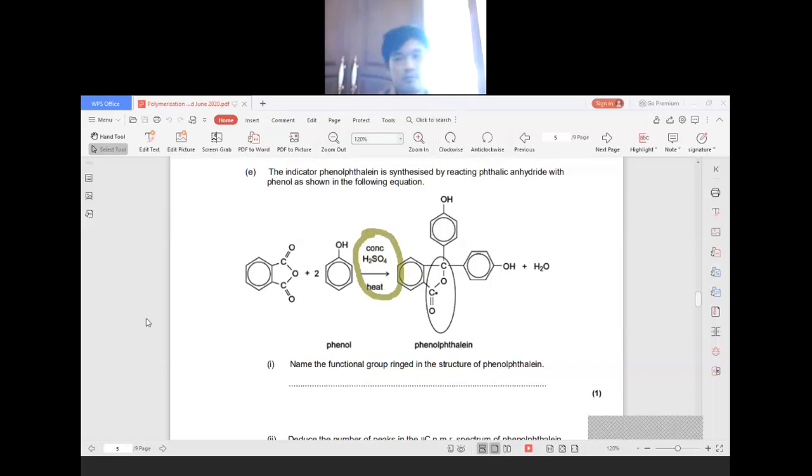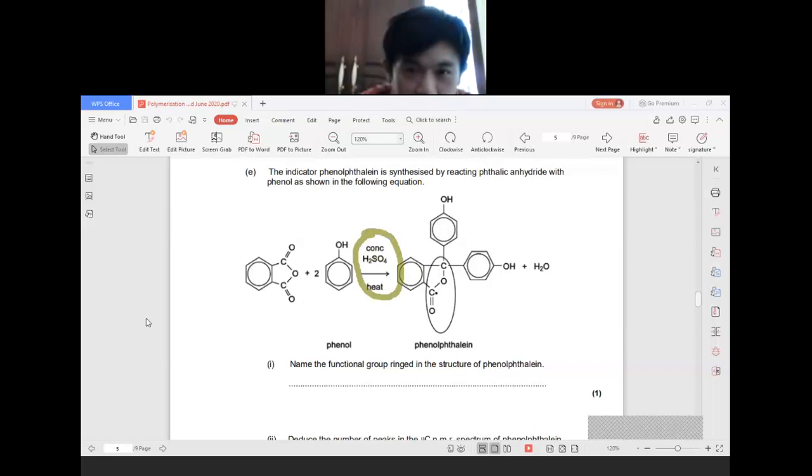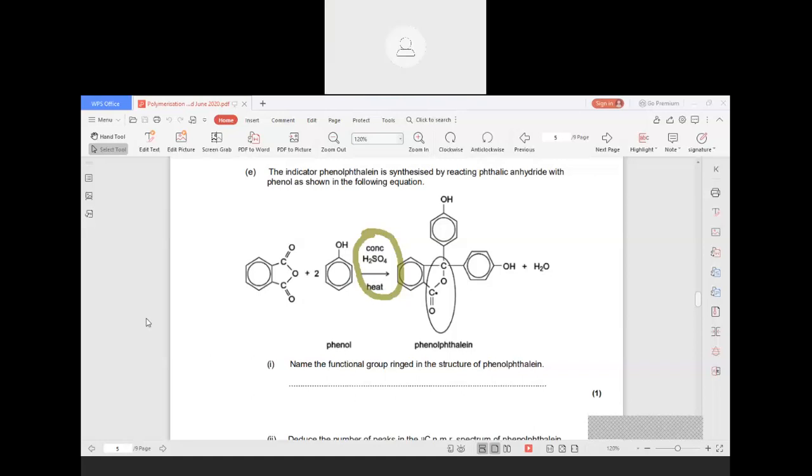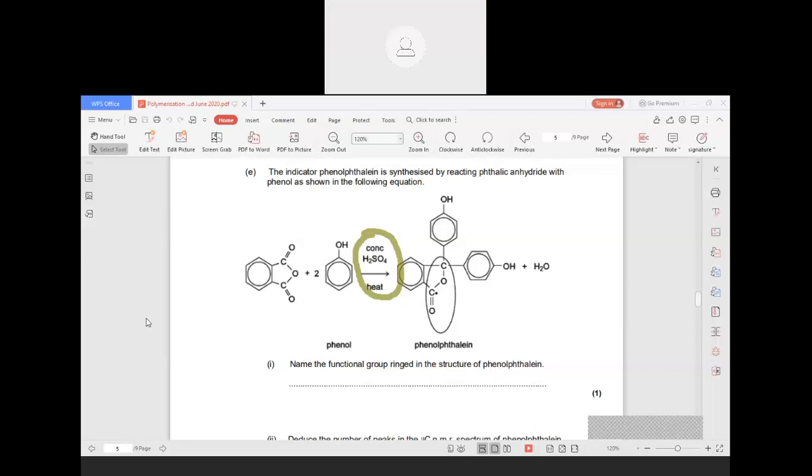Do you still remember from Grade 10? Concentrated sulfuric acid, carboxylic acid: it is esterification.